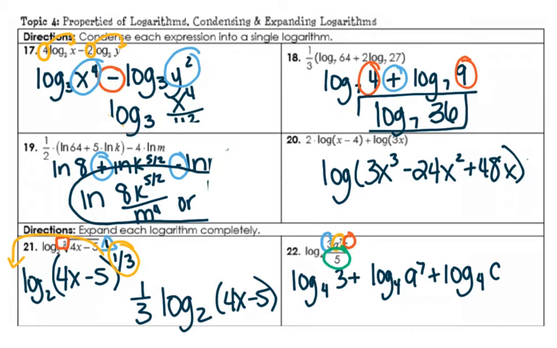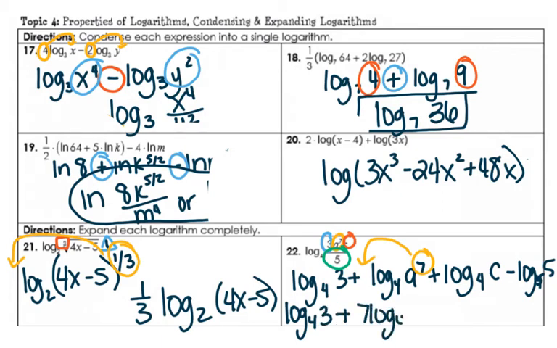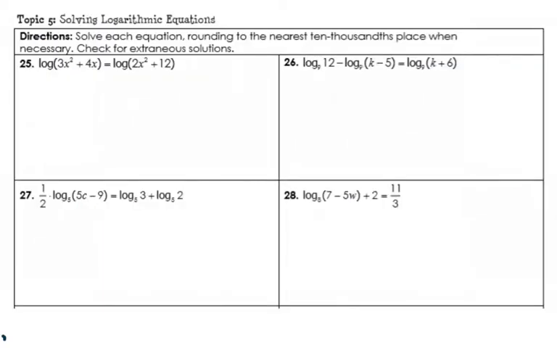So remember, you can get rid of division by doing subtraction. And then anytime you see an exponent, you would just move that to the very beginning. So my answer would be log base 4, 3, plus 7 log base 4 a plus log base 4 c minus log base 4, 5. Alright, moving on.